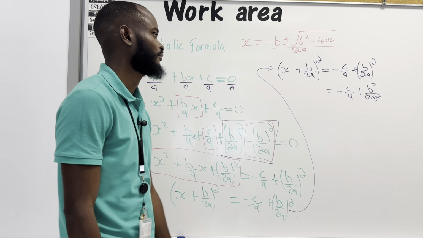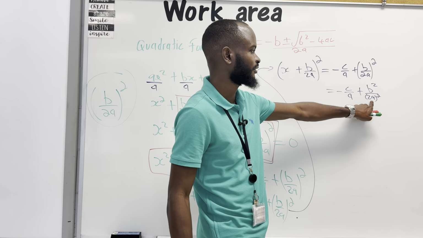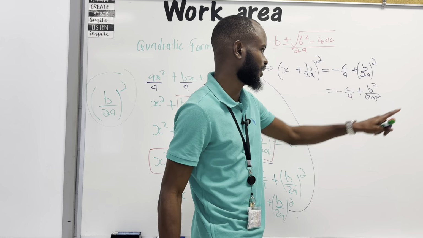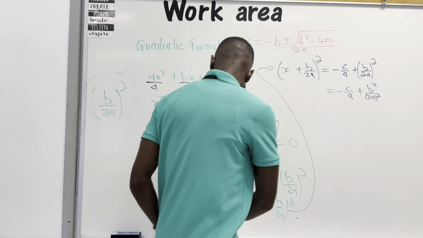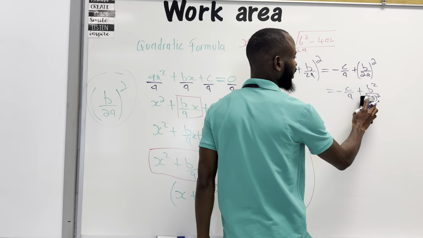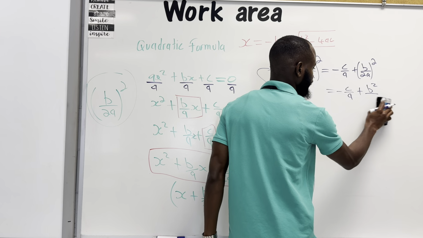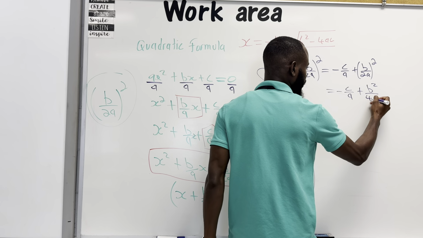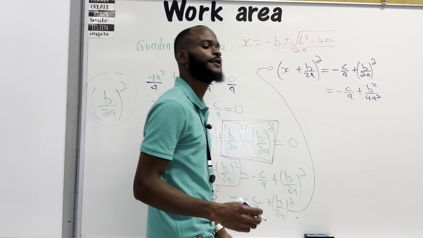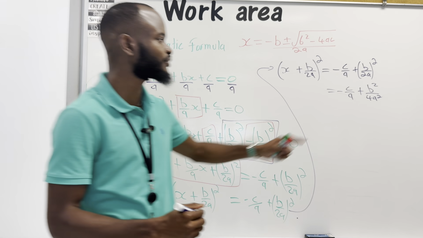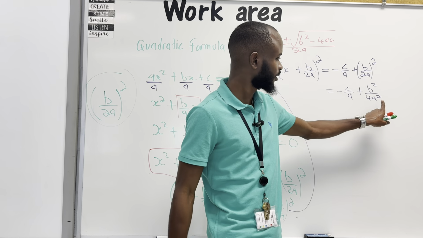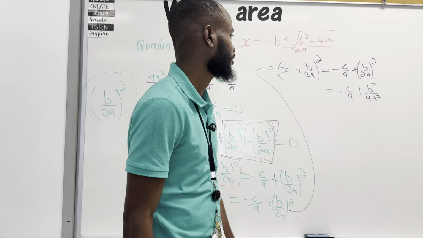See that? And again, we can simplify that. 2a all squared would just simplify to 4a squared, because 2 squared is 4 and a squared.